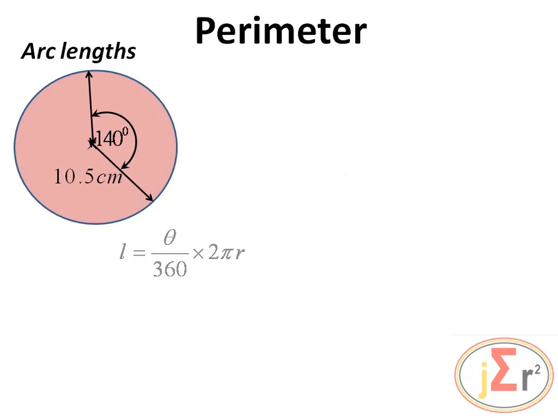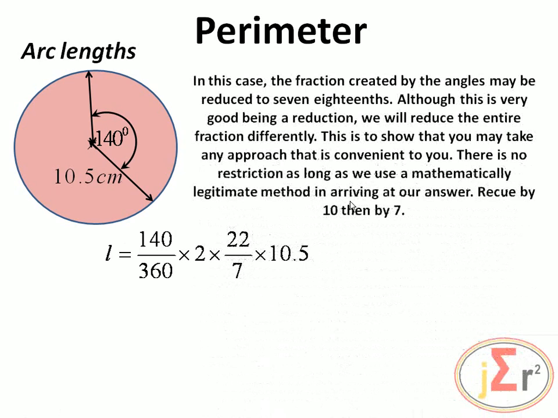So we are looking at arc length again, and of course, notice the angle that we have there, 140 degrees. So angle over 360 times 2 times pi times r. Of course, the radius is given in this case, so we are going to be using 2 pi r for the circumference of the circle.